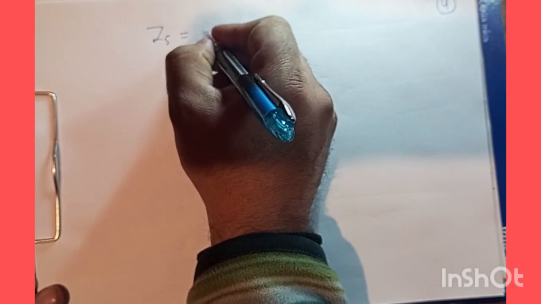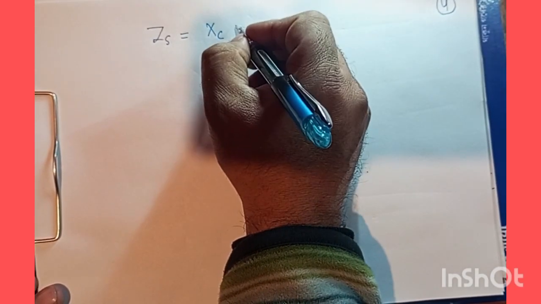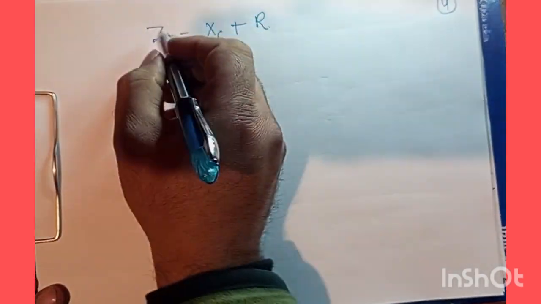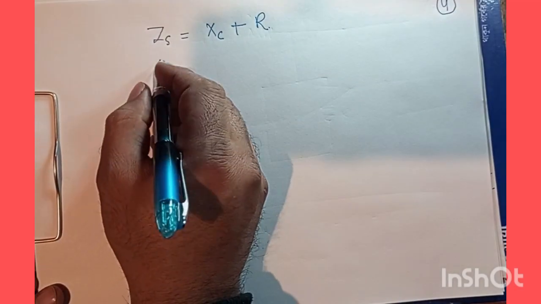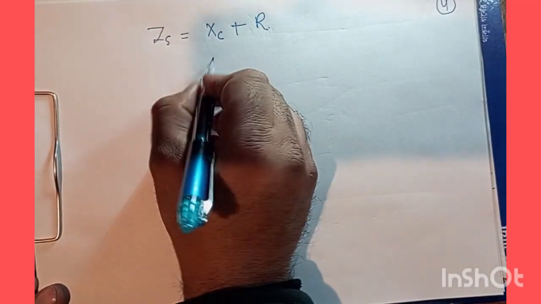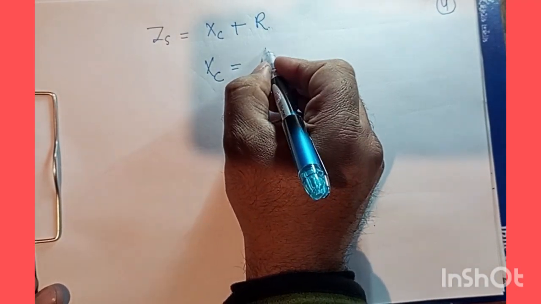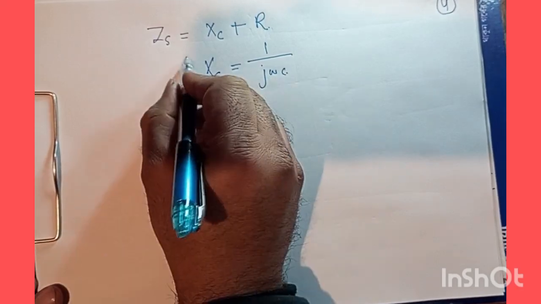Zs is the capacitive reactance Xc of the capacitor plus R, because we have kept every resistance in this circuit equal to R. To proceed, we can write this Xc in terms of a complex number. That's 1 by j omega C.